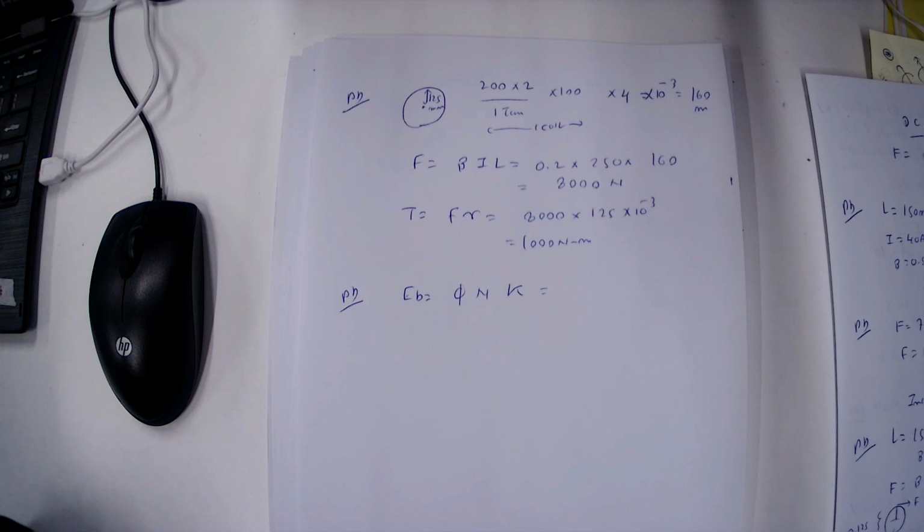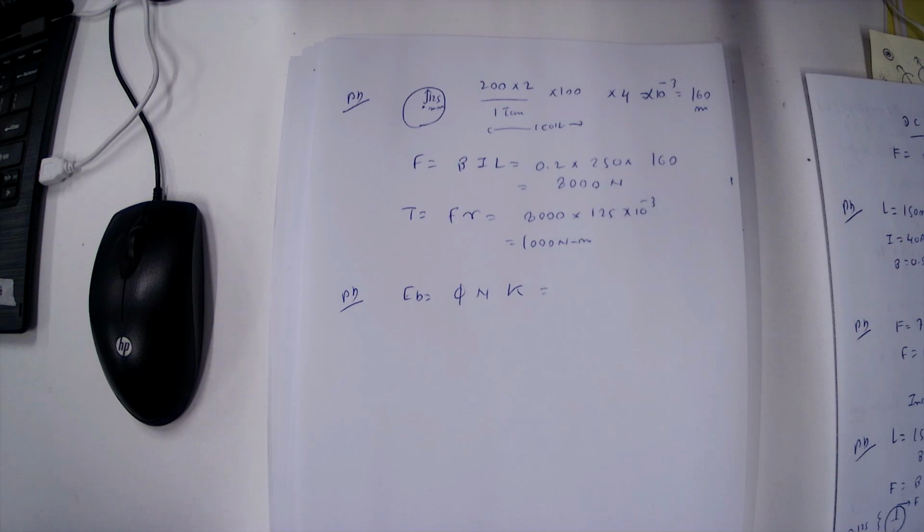Generated EMF for the generator, back EMF for the motor. In both cases, flux multiply speed multiply machine constant. This is the way we calculate the back EMF. In this case, the machine constant is 20, flux is 0.015 Weber, and run at 750 RPM.